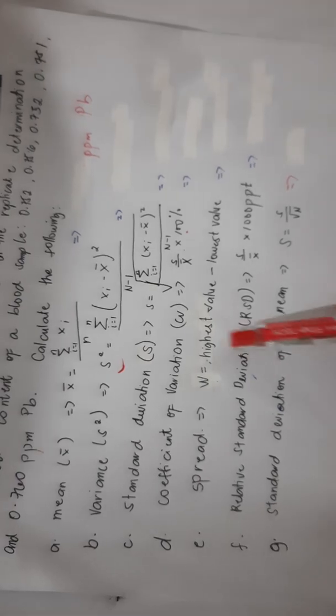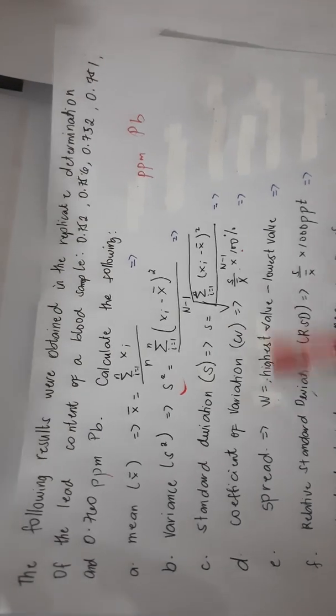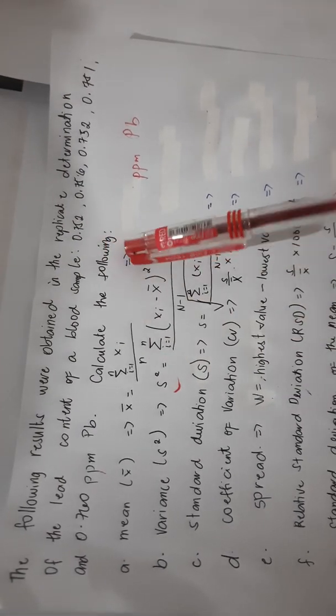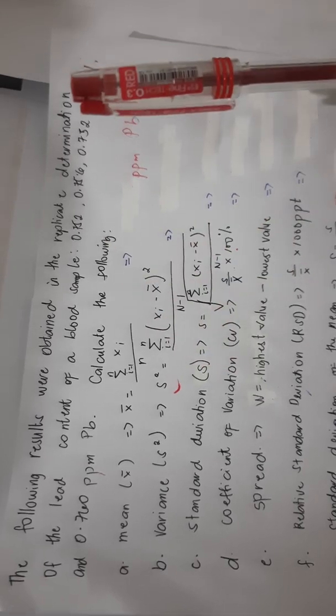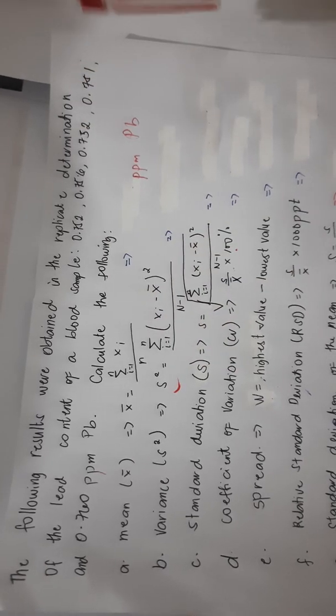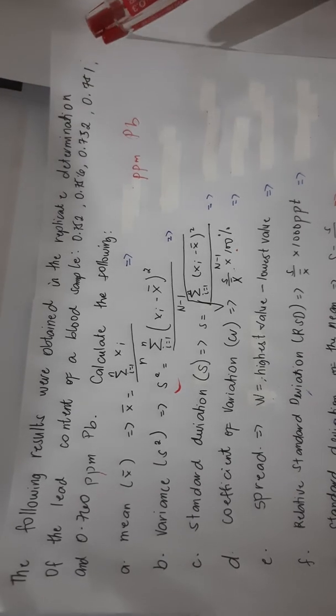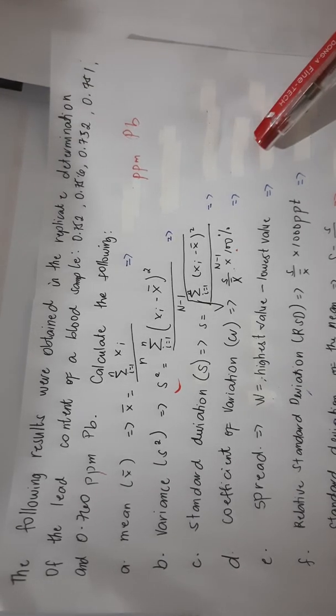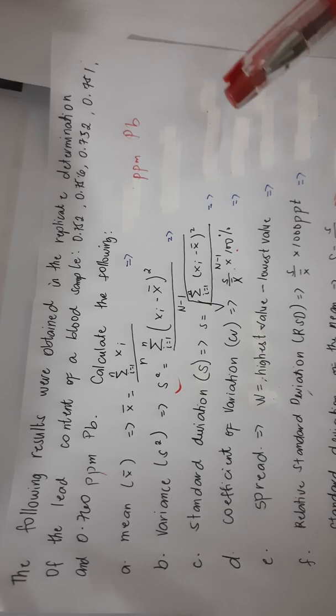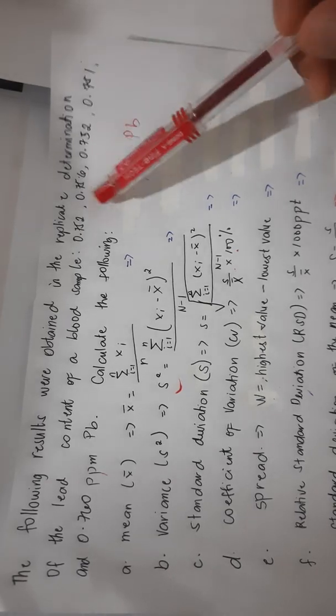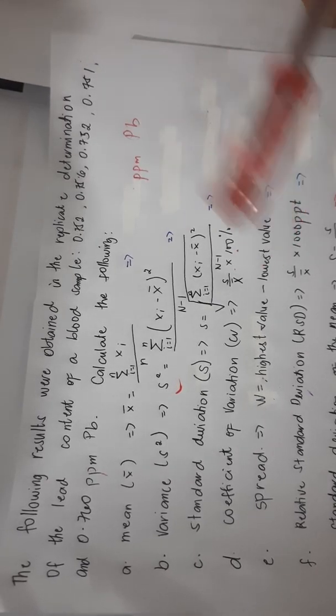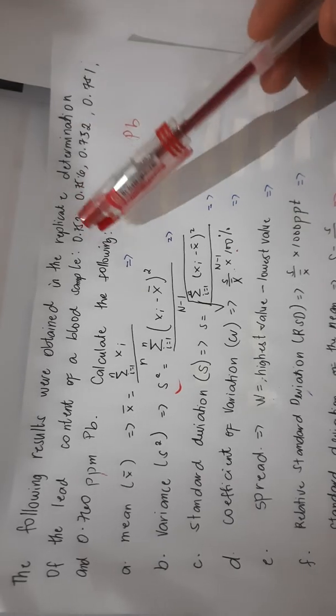So in this problem, we are given 5 replicates. When we say replicates, it has been done in the same condition, same volume, same size of your sample, and then you just repeat the experiment 5 times.